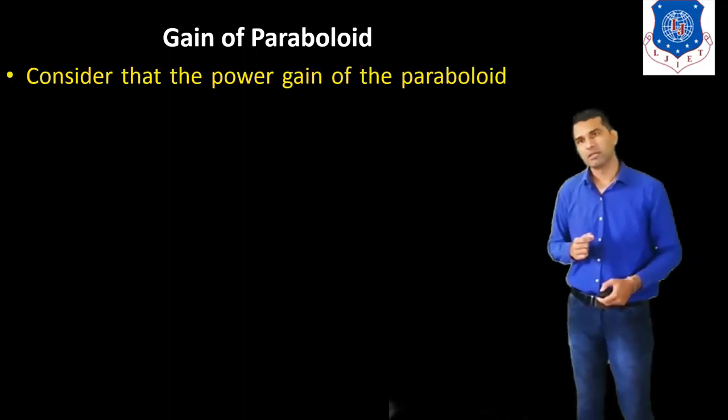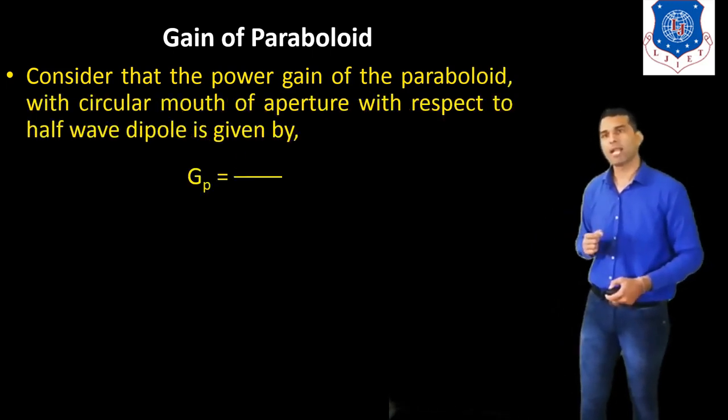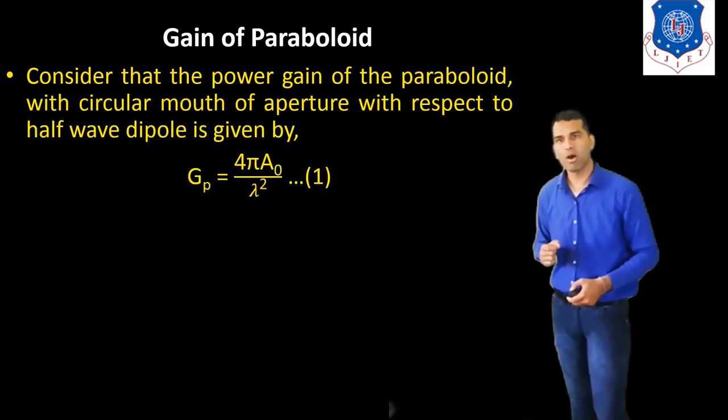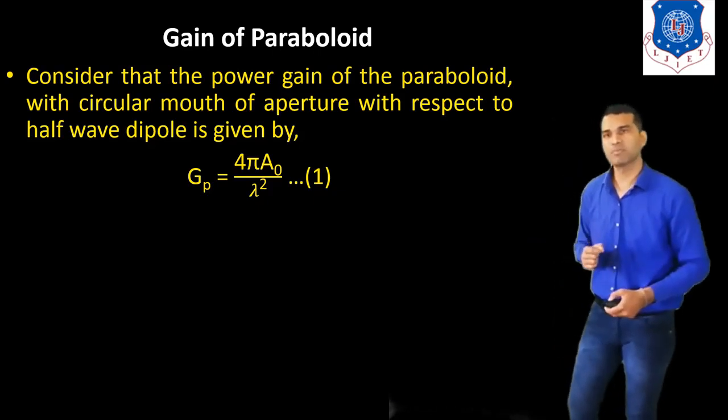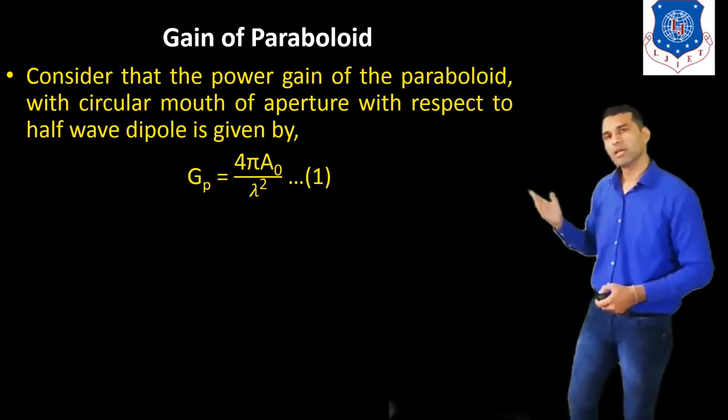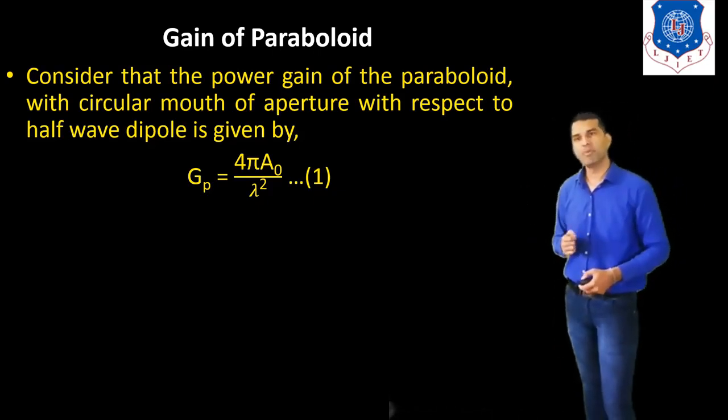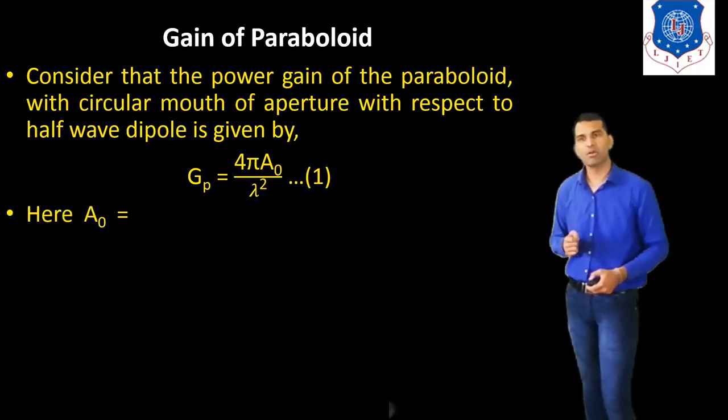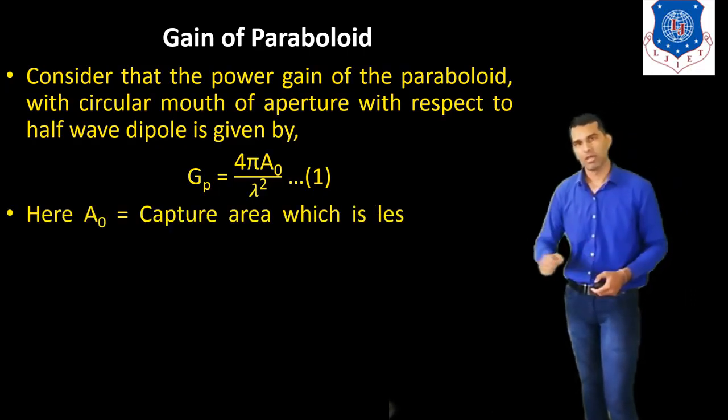Now we consider that the power gain of the paraboloid with a circular mouth aperture, with respect to a half wave dipole, is given by Gp = 4πA0/λ².